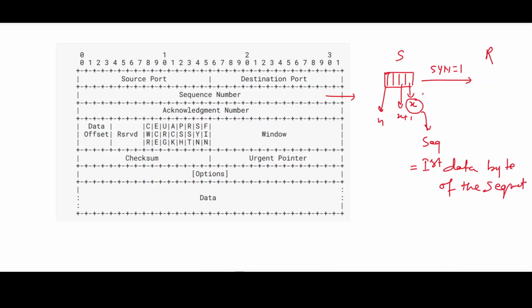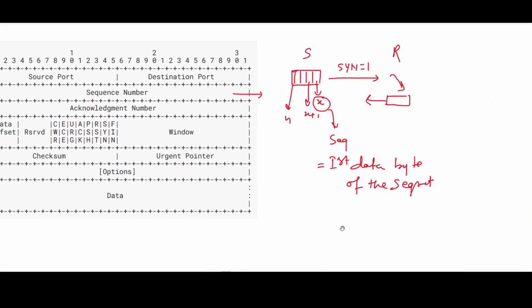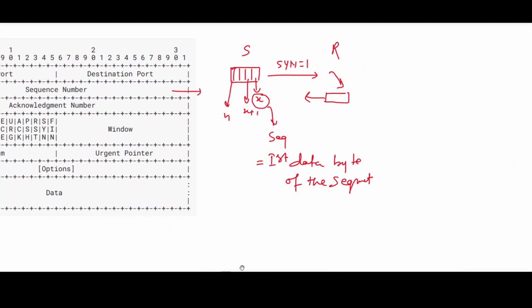Now the receiver receives this, and it will send some information to the sender. What will it send? First, because it has received this segment, it will send an acknowledgement about this segment.